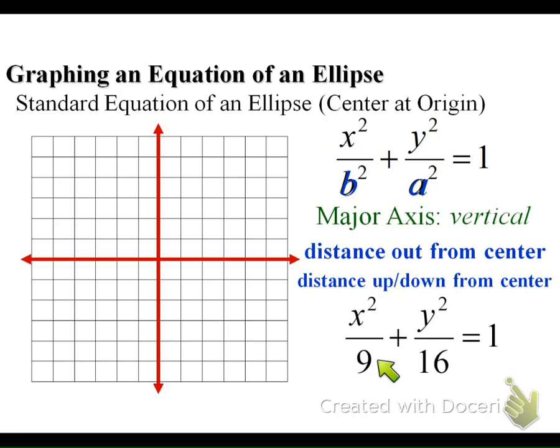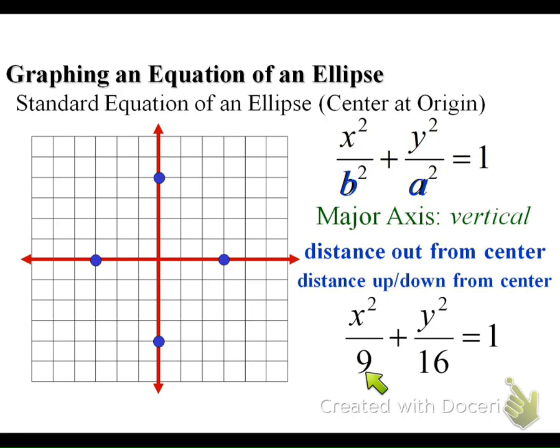So now the 16 is actually under the Y, not the X. That means that the major axis is going to be vertical. So I'm going to go up and down now the 4 units instead of left and right the 4 units. And then, of course, again, we got 3 here in order to get 9 when you squared it.